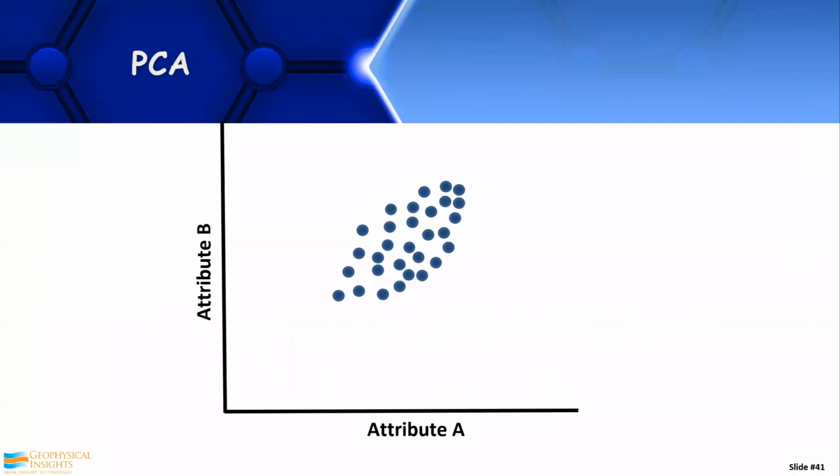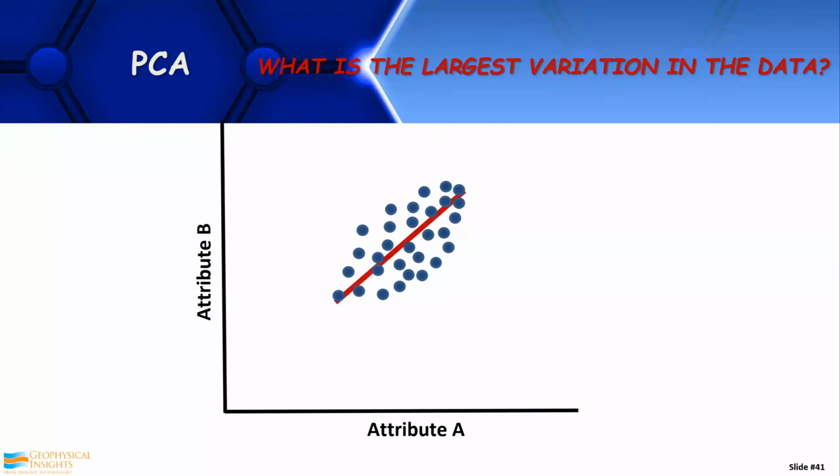A quick run through the terminology around PCA, and anybody that's ever been to any of our presentations has probably seen this slide. Some of you might have seen it 20 or 30 times. But let's take a 2 attribute case where we just make a scatter plot of attribute A and attribute B. And we're looking for the largest variation in this scatter plot.